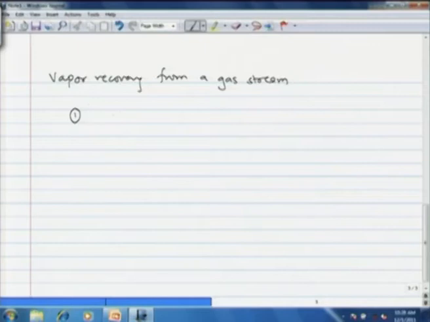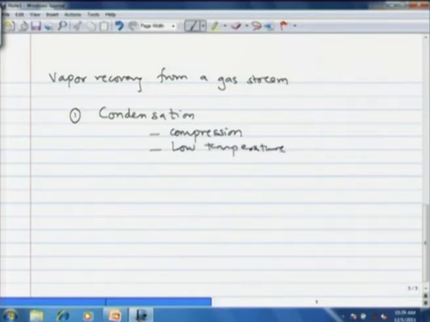The first option is that of condensation, either by compression or by cooling to low temperature, or both. Which of these techniques we have to apply depends on the PVT characteristics or thermodynamic properties of the vapor.